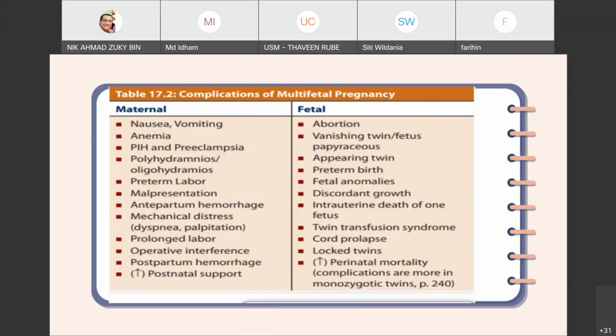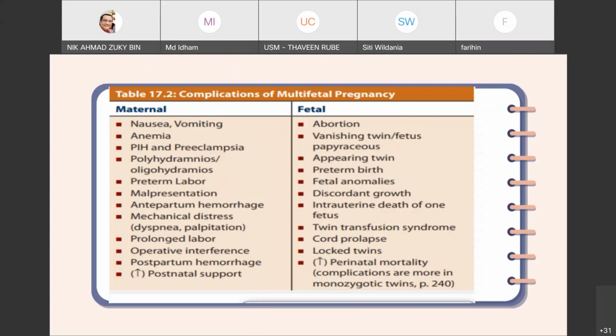Polyhydramnios is commonly associated with multiple pregnancy, in the case of twin-to-twin transfusion syndrome together with oligohydramnios; there must be poly and oligo to diagnose twin-to-twin transfusion syndrome. And preterm labor is, as you mentioned, because of over-distension of the uterus.